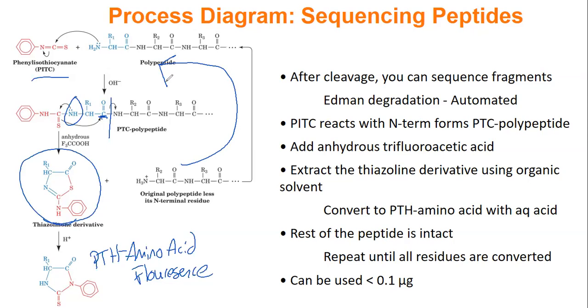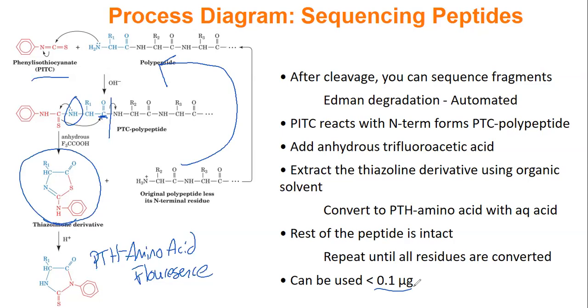You can sequence your whole peptide by doing this one at a time. So even if you have 0.1 micrograms or less of some random peptide that you find, you can determine the sequence using Edman degradation.